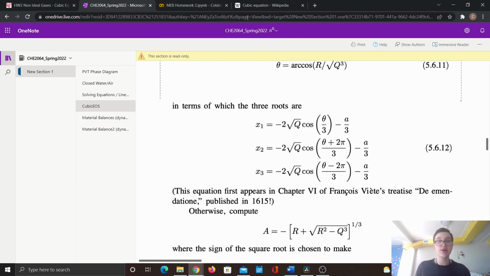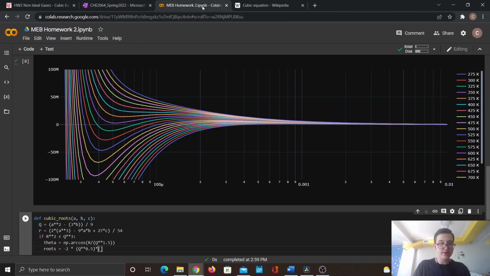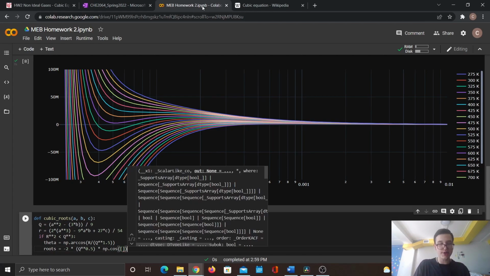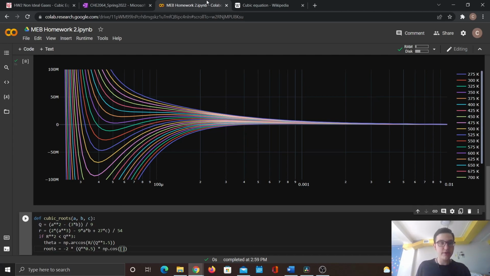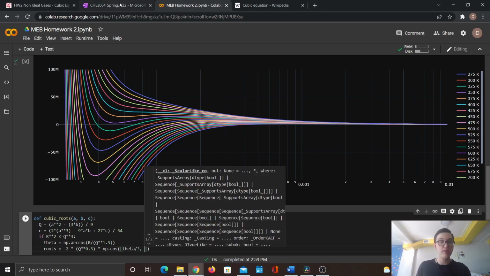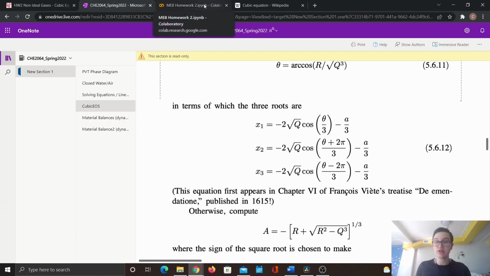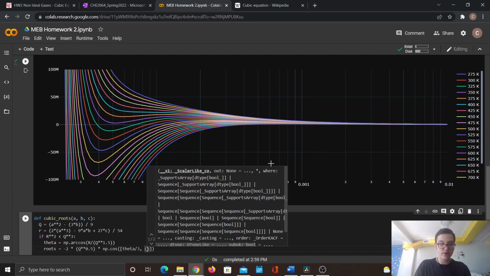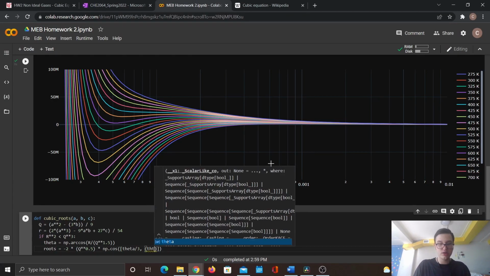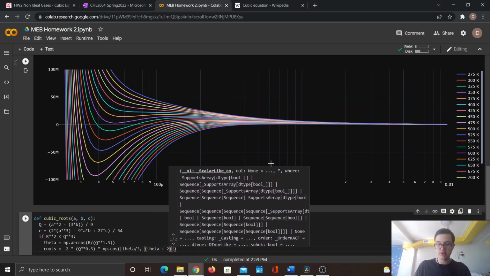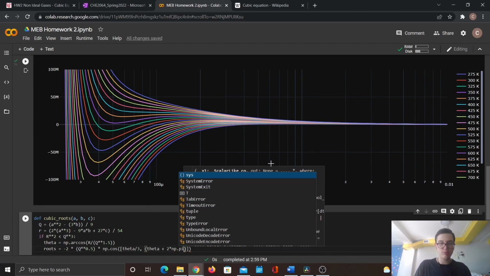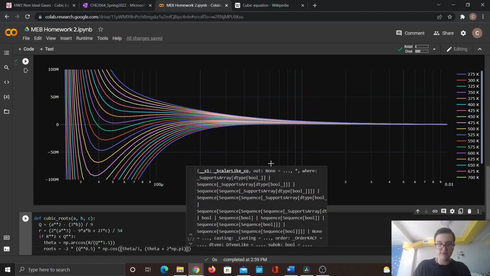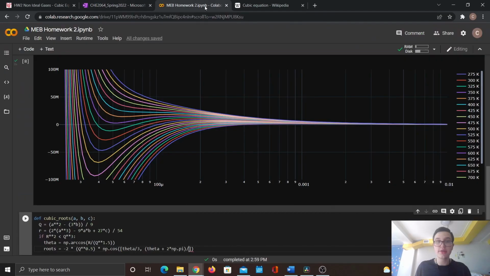Now the difference is in this cosine. We're going to be using times np dot cosine of our array, and the three values are theta divided by 3, comma, theta plus 2 times np dot pi divided by 3.